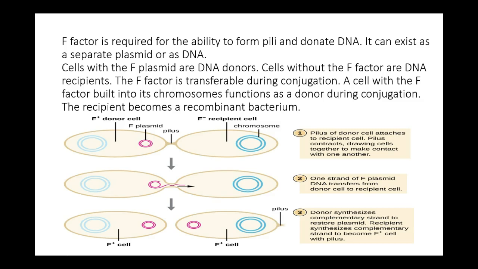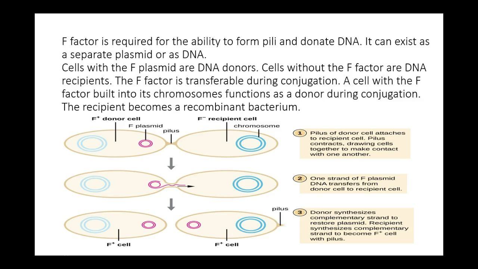So the ability to be an F plasmid or an F chromosome is going to be transferred. This is one way that a bacterium becomes a recombinant bacteria. You've probably heard this in news data, recombinant bacteria, so it causes diversity, causes changes and adaptation with regard to bacteria.